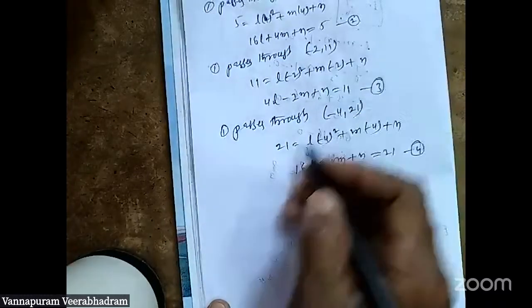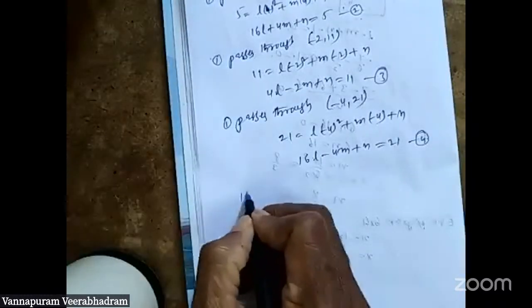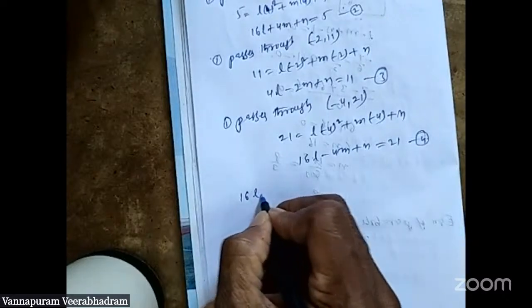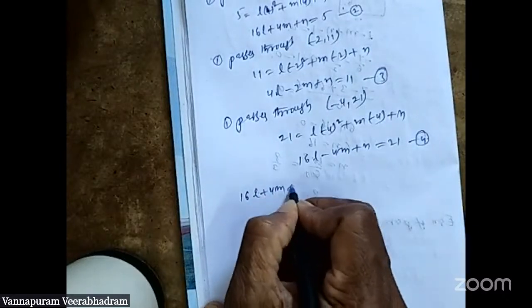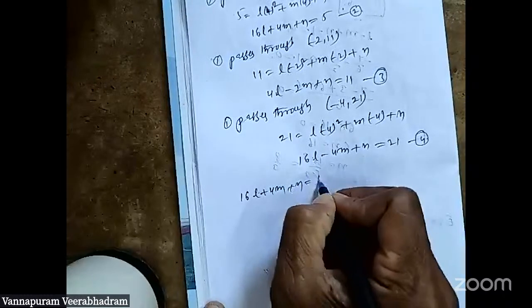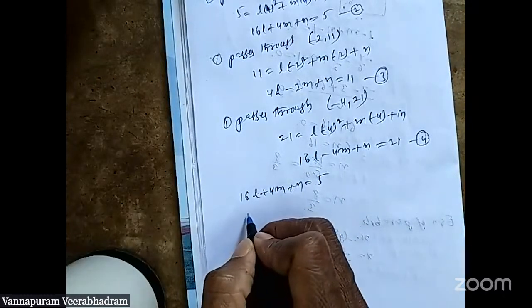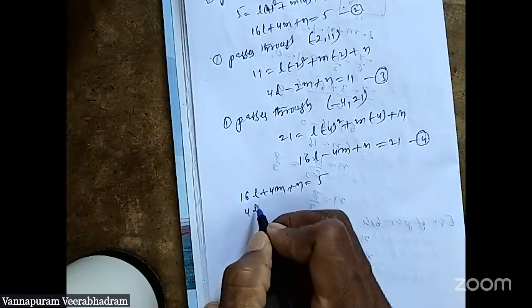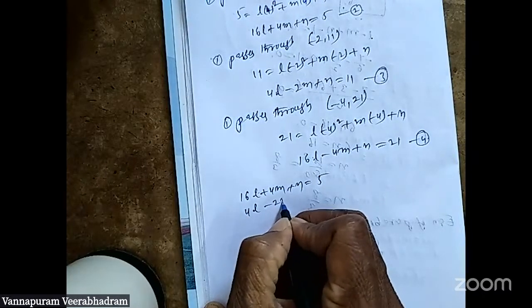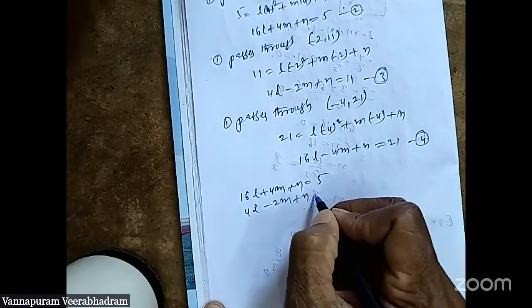Solving the equation 2 and 3. So that is 16L plus 4m plus n equal to 5 and 4L minus 2m plus n equal to 11.